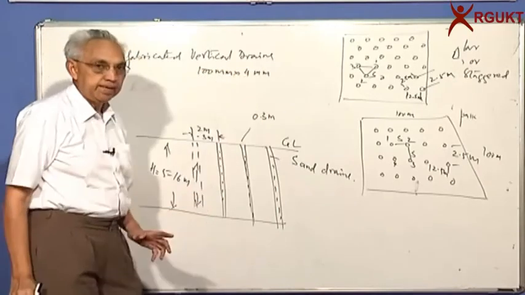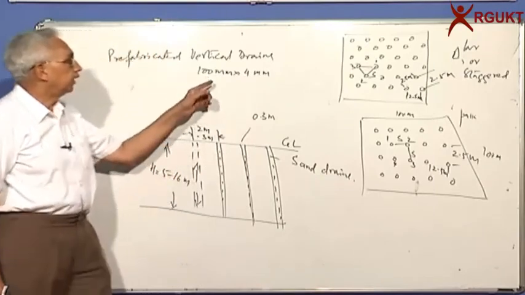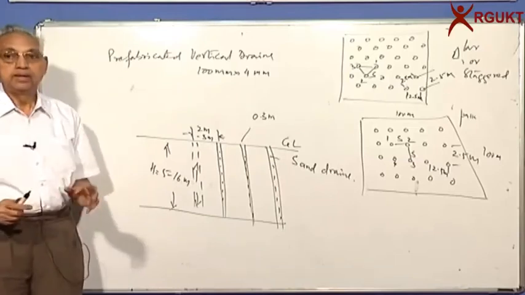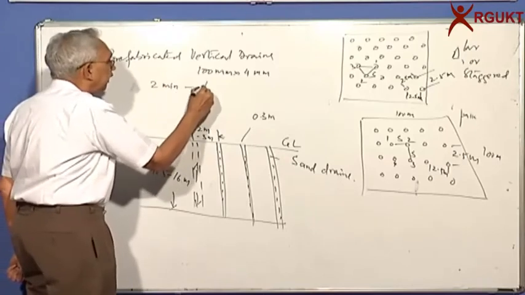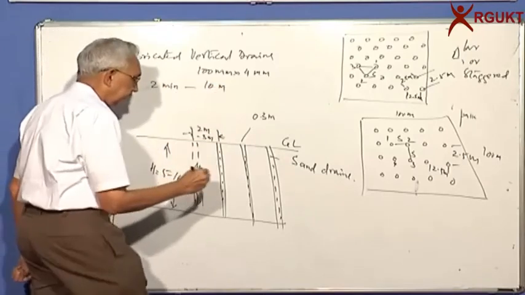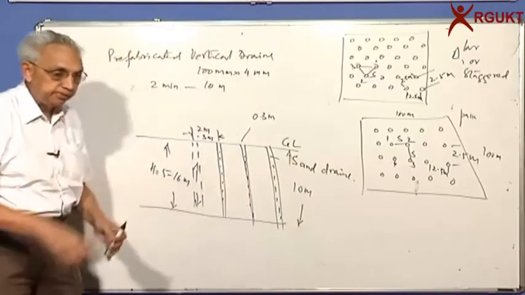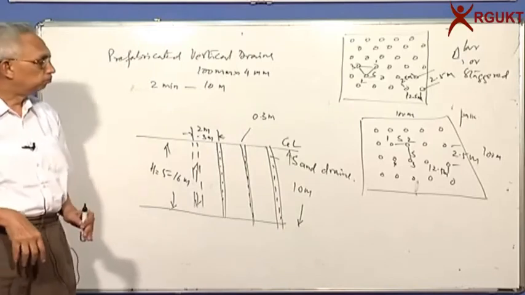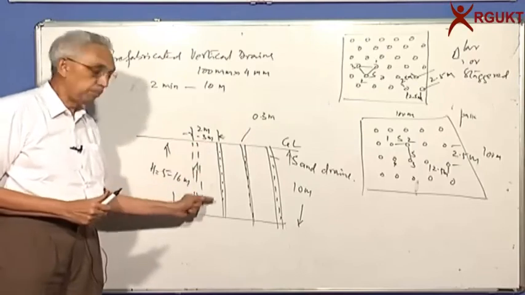The sand drains used to take 1 hour, 2 hours to install each one, whereas this one is like your sewing machine, you can stitch it and push it into the ground. Usually it takes a maximum of 2 minutes for a 10 meter long drain. I can simply push it inside using a small mandrel, and now they have become very popular. So what happens is the water doesn't have to flow to the top or bottom.